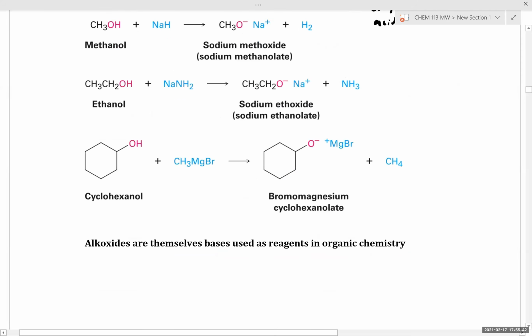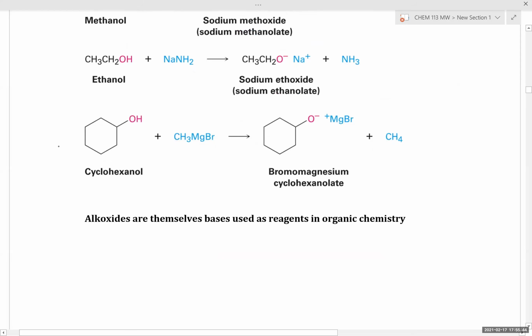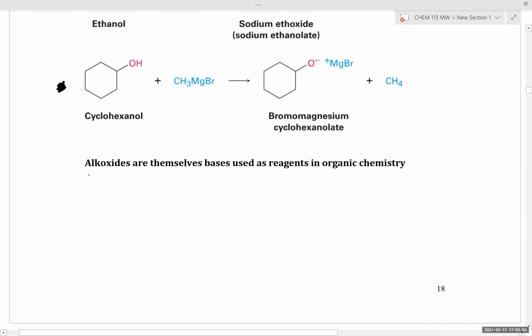I'd like you to save this last example in your memory, and I just want you to remember that alcohols and Grignards react. Just save that in the back of your mind for a little bit. Alkoxides themselves are also used as bases and as reagents in organic chemistry.